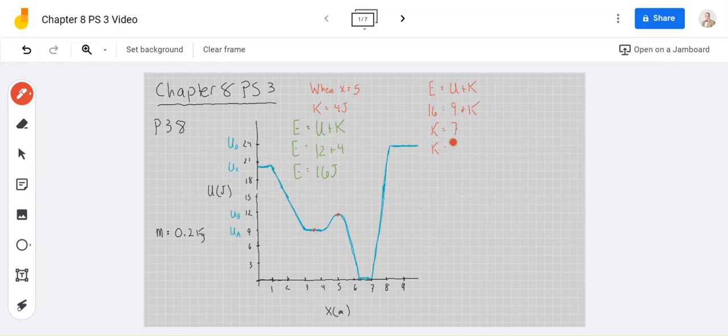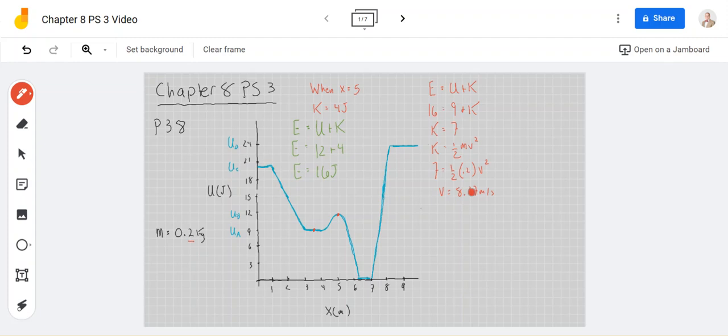And we know that kinetic energy is equal to 1/2 mv squared. Set those equal: 7 is equal to 1/2, the mass is 0.2, v squared, and the speed there is equal to 8.37 meters per second.